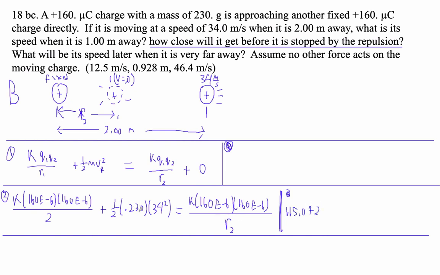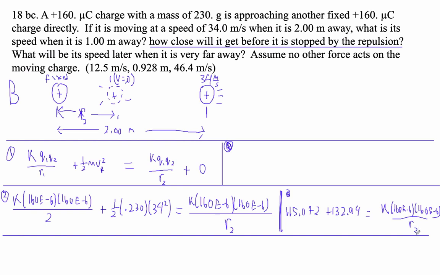This term here ends up being, let's figure that out, 0.5 times 0.23 times 34 squared, that is 132.94. And then that is equal to our K times 160 e minus 6 times 160 e minus 6 over R, right? And now we just have to solve for R.